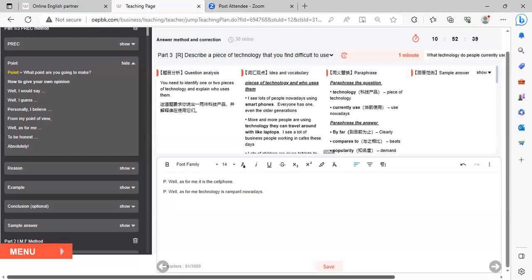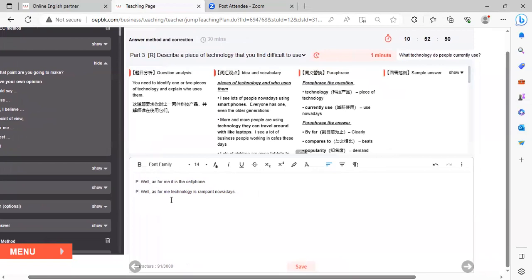Nowadays. All right. So your point is, I'd say, somehow appealing. Why? Of course, you said rampant. You talk about it because it's used daily, and you use nowadays instead of currently. So you are actually practicing paraphrasing.